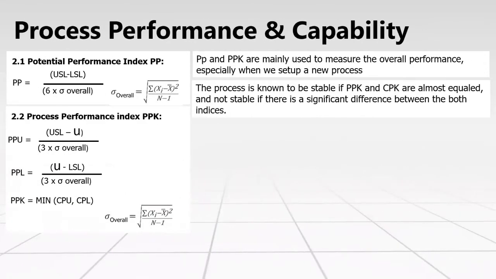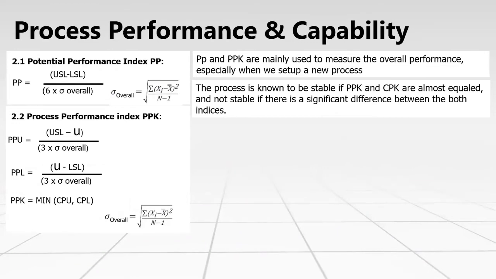Now the process performance indices. The process performance indices are mainly used to measure the overall performance, and they are usually used when we make an initial setup for the process. We need to make sure that we reach stability in the performance.